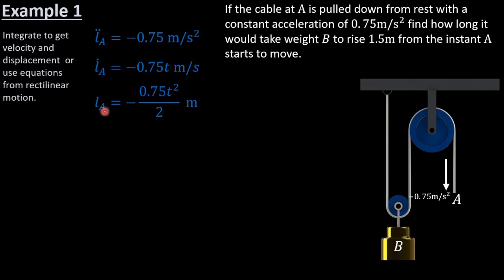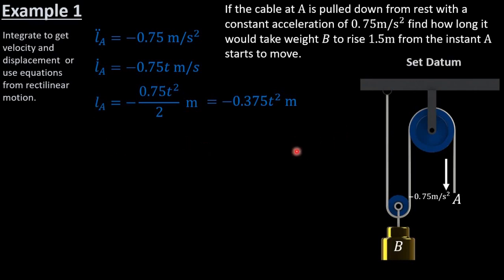So that is the displacement. But I've just put L sub A because it started off from position 0. And I can rewrite this as minus 0.375 t squared, and again that's in meters, so I'll just do 0.75 divided by 2 to get minus 0.375. Okay, so I've got L sub A double dot, L sub A dot, and L sub A.